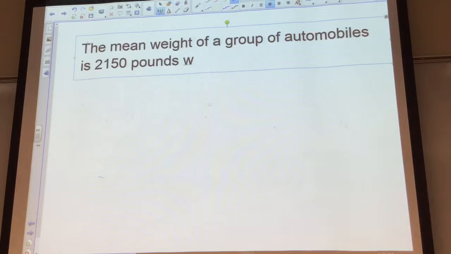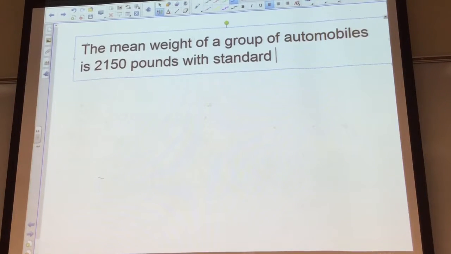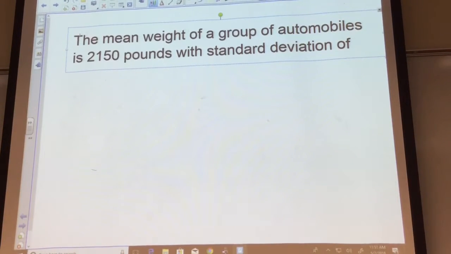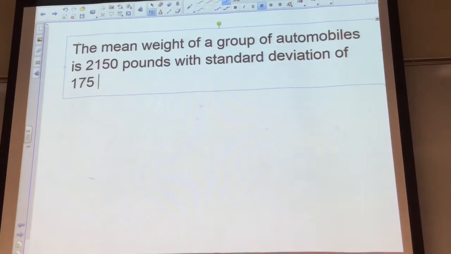But not all of them weigh that. There is a deviation with a standard deviation of 175 pounds.